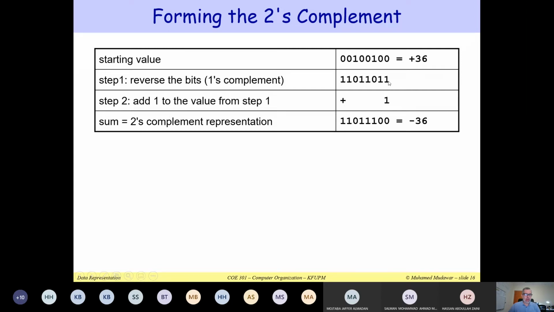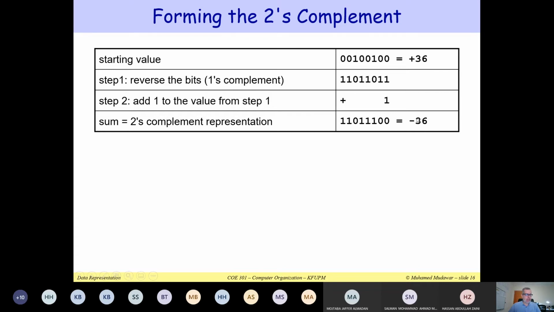When you add plus 1, 1 plus 1 is a 0, there is a carry. The carry plus 1 is a 0, and the carry plus 0 is a 1, and the remaining bits will be unchanged. So this is the representation of negative 36. You can tell it's negative 36 because the sign bit is 1. But this is not the magnitude, it's not sign magnitude representation. This is how we obtain the 2's complement.